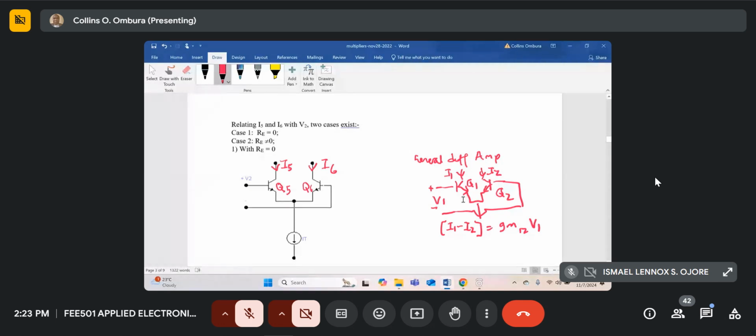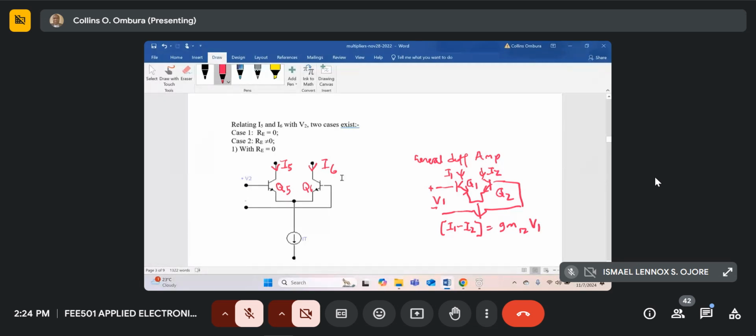We just replace Q1 with Q5 in this circuit, and then we replace Q2 with Q6 in this circuit. The equation will now become, instead of I1, we'll just write I5 minus I6 is GM56 into V2. That's all we write.